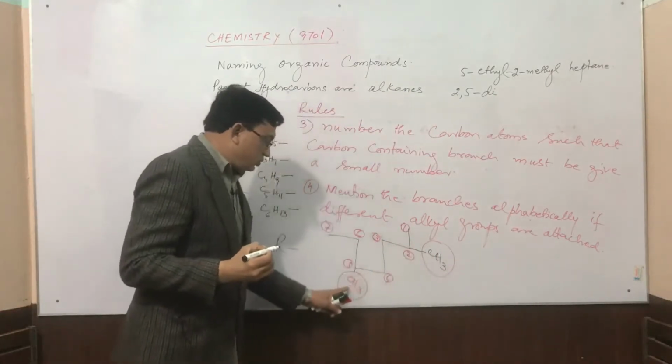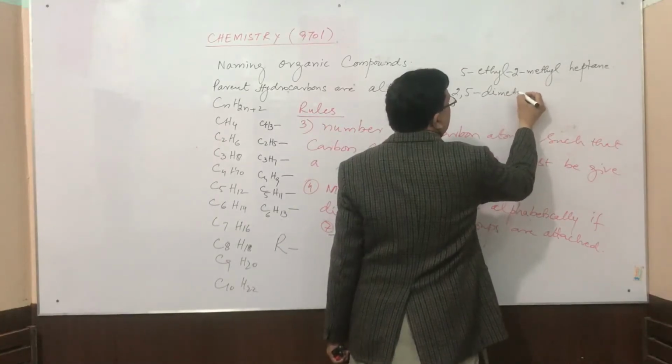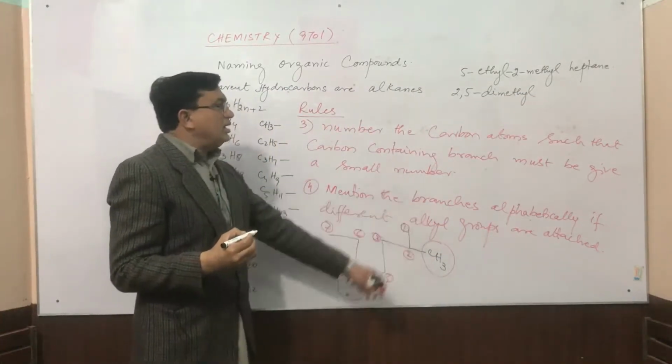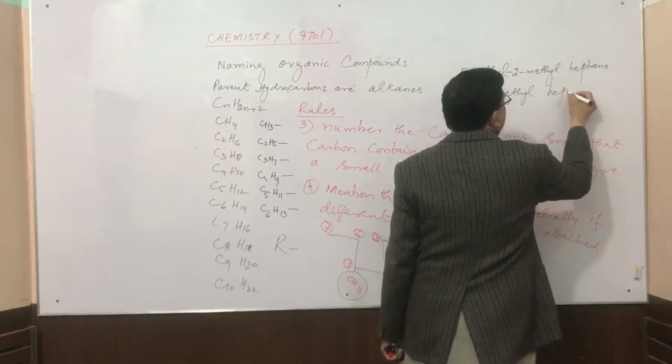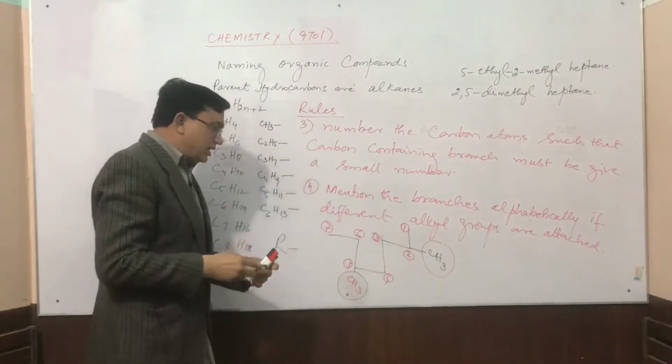Di means 2. The group is methyl. 2,5-dimethyl. Then the total number of carbon atoms is heptane. This will be the name of this.